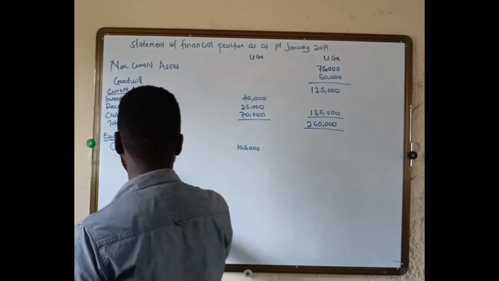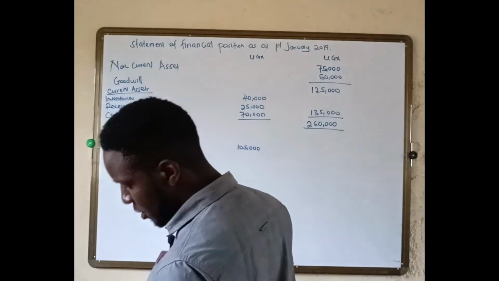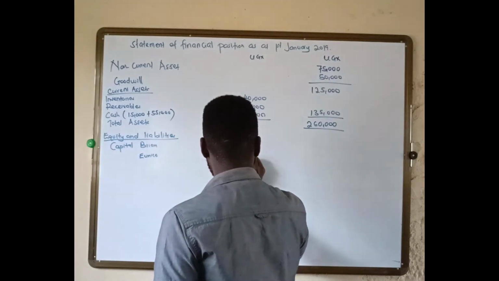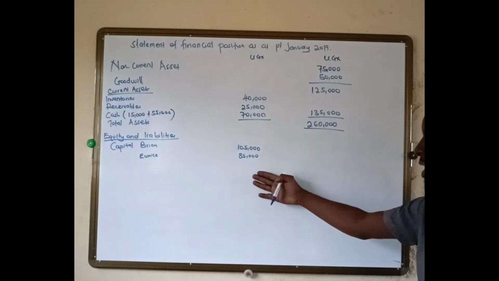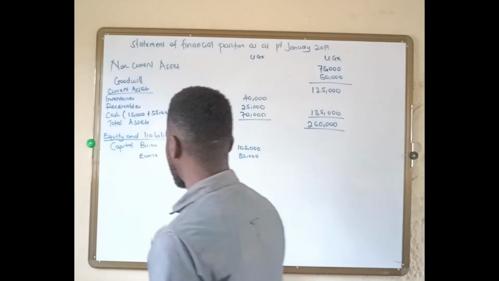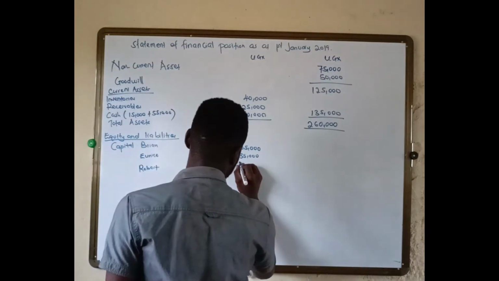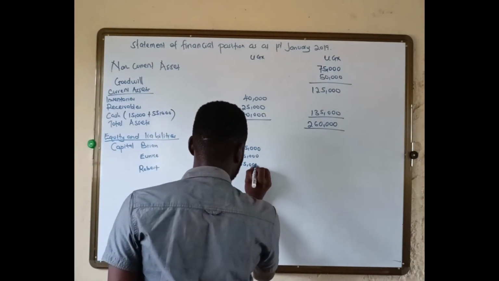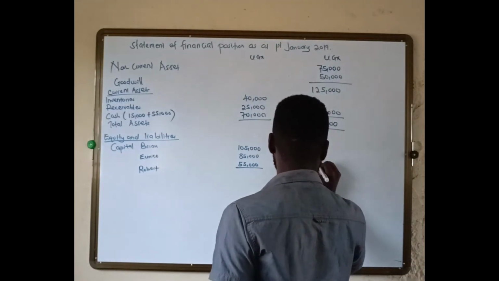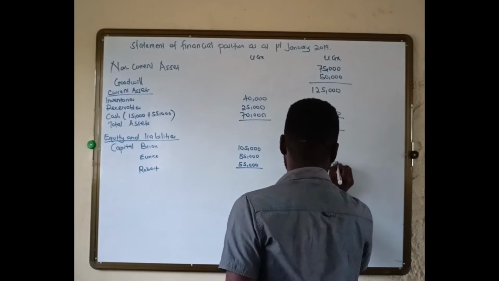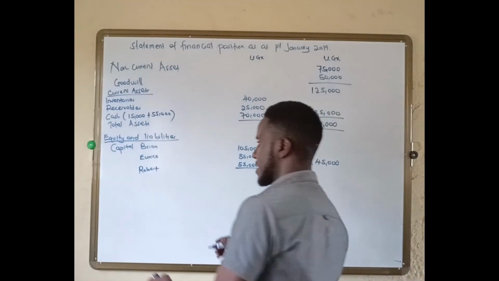That was for Brian. Then we had Eunice, and the balance for Eunice was 85,000. The next value we had, Robert, and the amount that Robert brought was 55,000. So this will be giving us a total of 245,000.